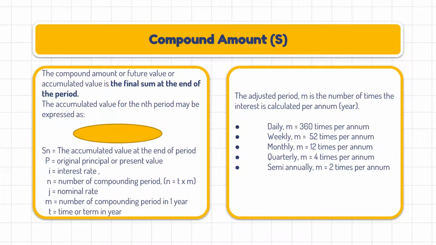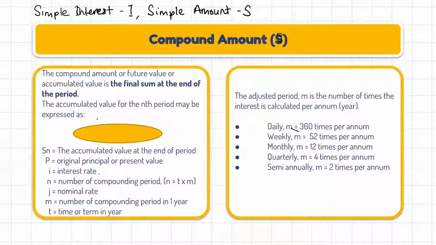Next, let's look at the compound amount, which is denoted by capital letter S. If you remember, in lecture 1, we have simple interest, denoted by capital letter I, and we also have simple amount, denoted by capital letter S. It is the same for compound.